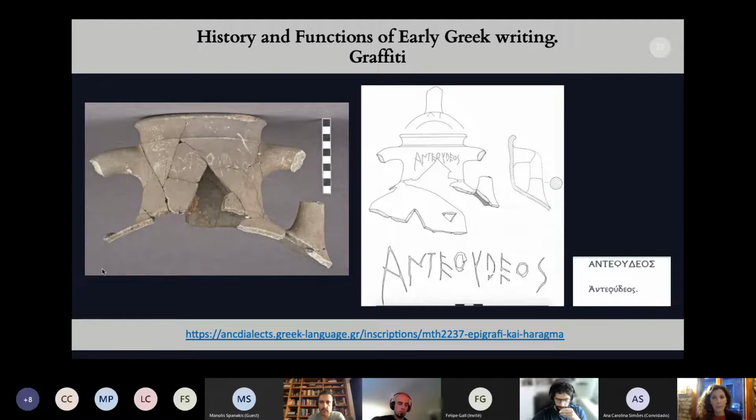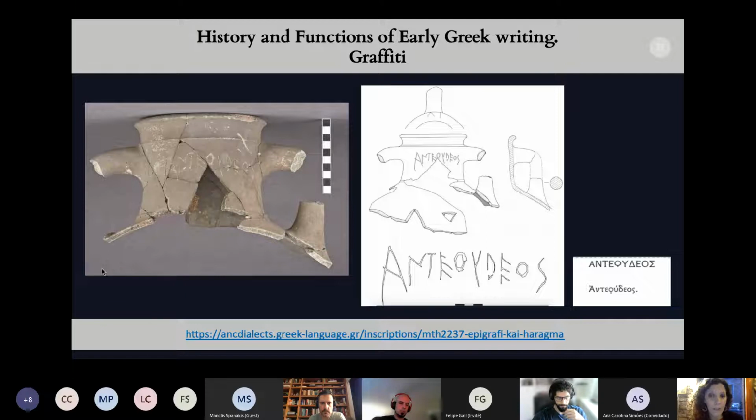And so these different examples are very similar to others that are at Eretria, in Athens, in Sicily, in Italy, in these stages.